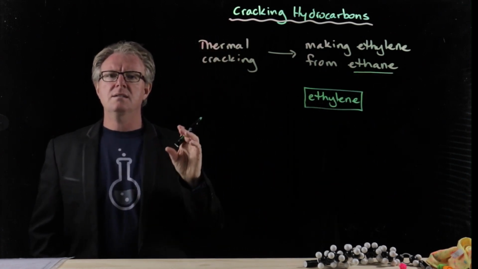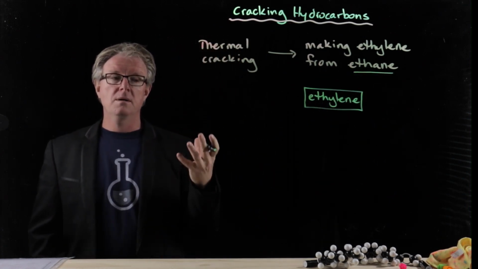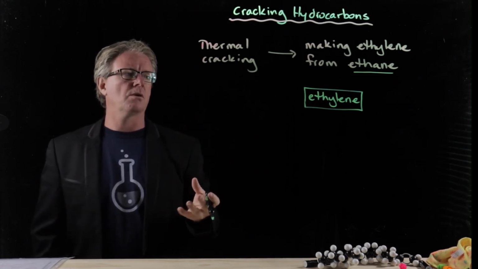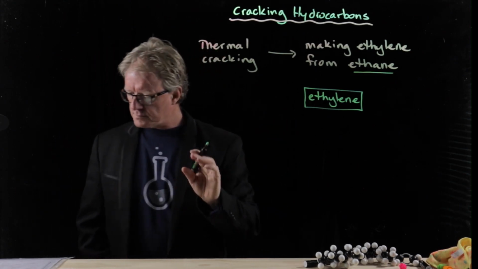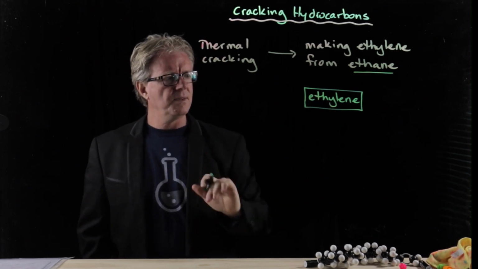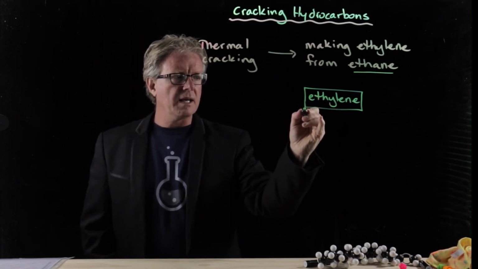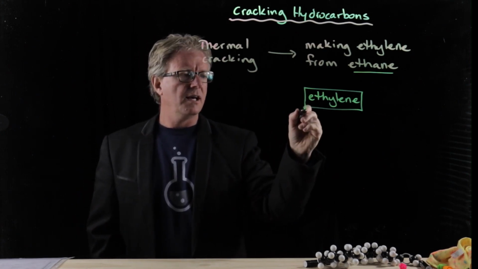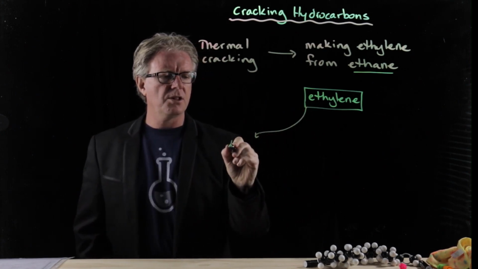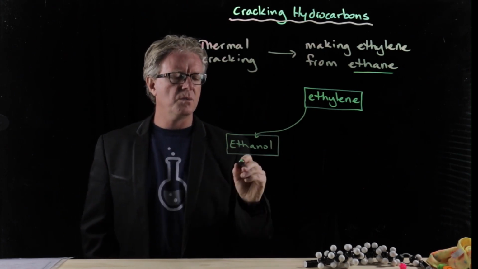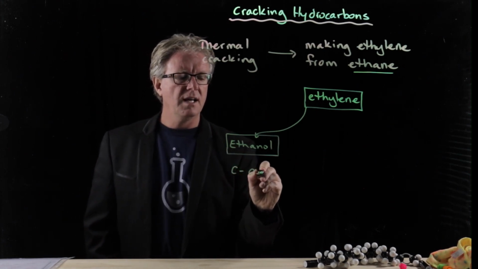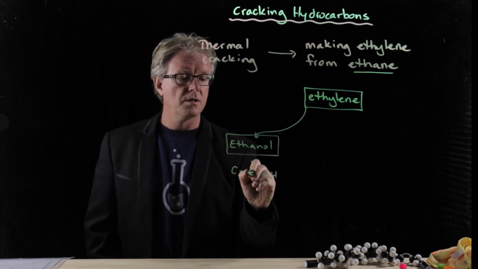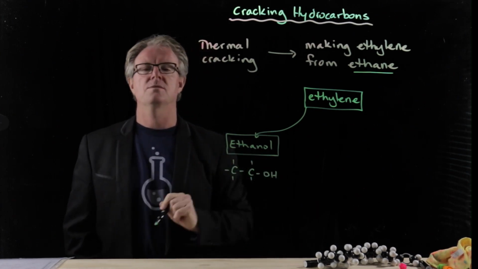Ethane is a refinery gas from the fractional distillation of petroleum. And so we want to make ethylene, because we want to make important industrial chemicals. We said before that we can make ethanol. And the thing with ethanol is it has a functional group of an OH.